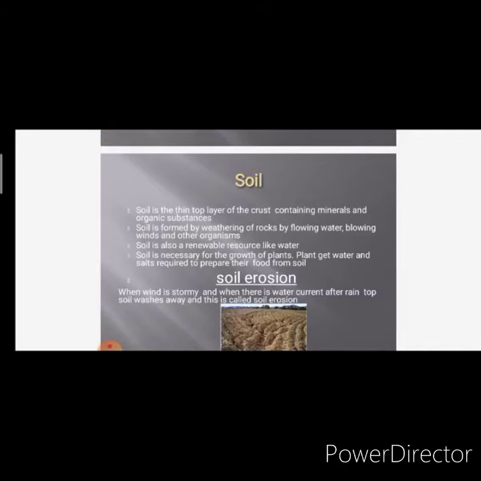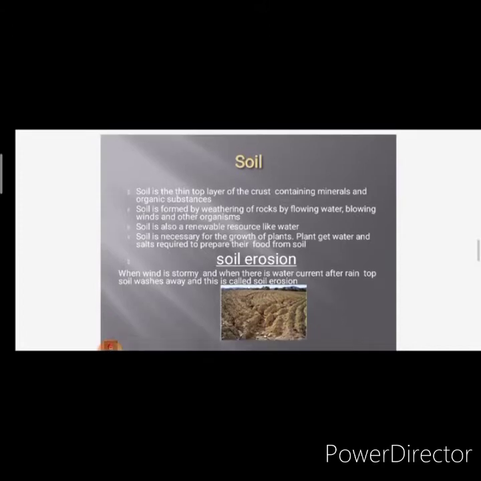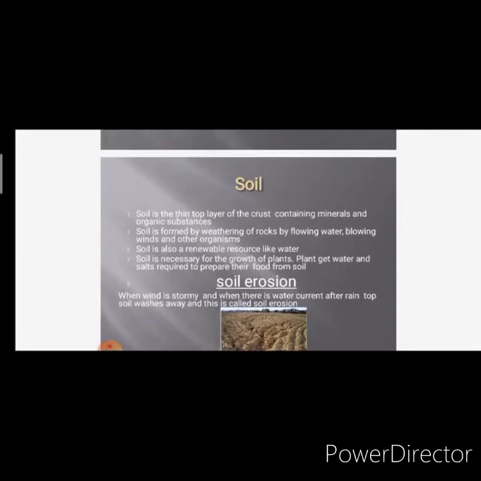Another renewable resource which we can learn about is the soil. Soil is the thin top layer of the crust which contains minerals and organic substances. Soil is formed by weathering of rocks, by flowing water, blowing winds, and other organisms. Soil is also a renewable resource like water.